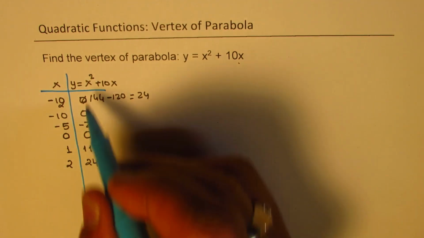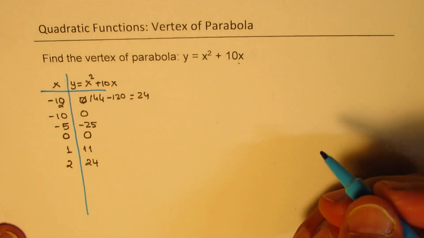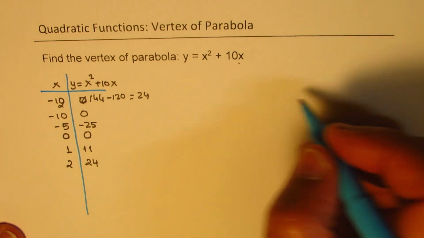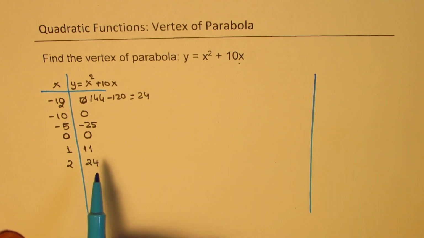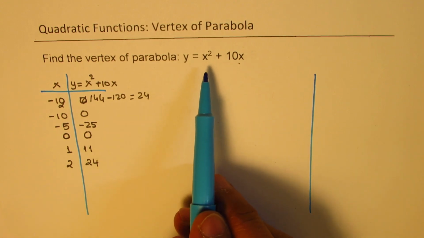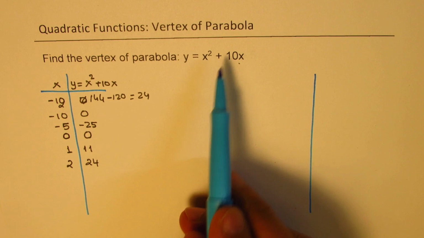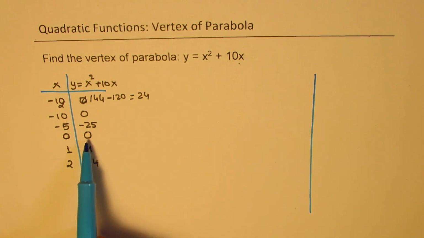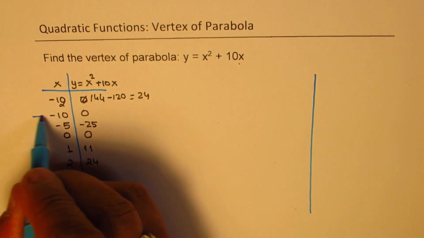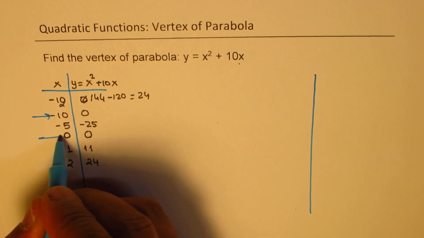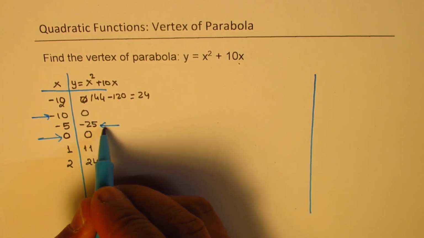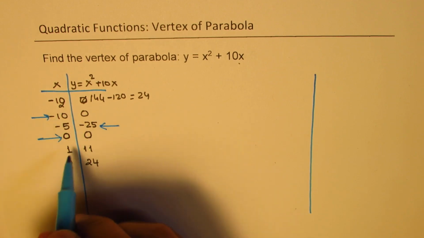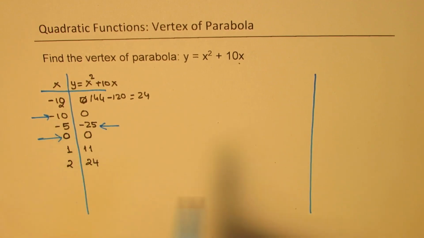If you use graph paper to plot this, what you get really is something like this. It is a parabola which opens upwards, and it seems that it has two zeros. The average of these two is your vertex. Do you see that? Which is at minus 5.